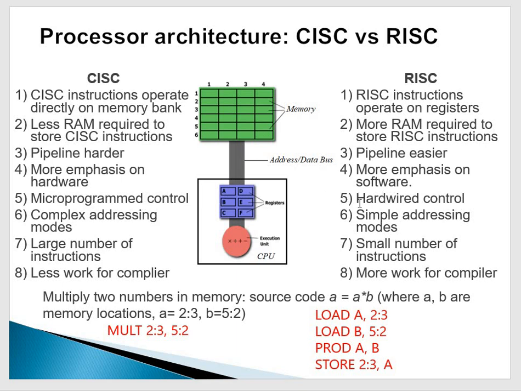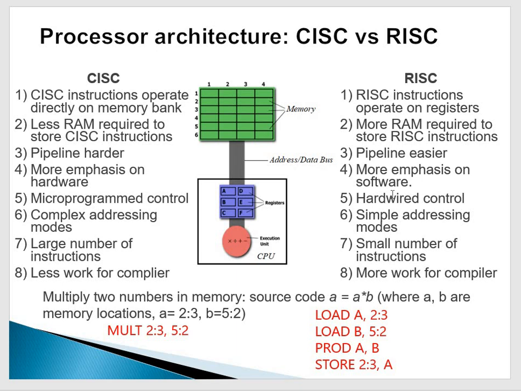On the other hand, in case of hardware control, the control signals are generated by extra circuitry which is built into the CPU, and that circuitry is responsible for generating the different control signals at different times.